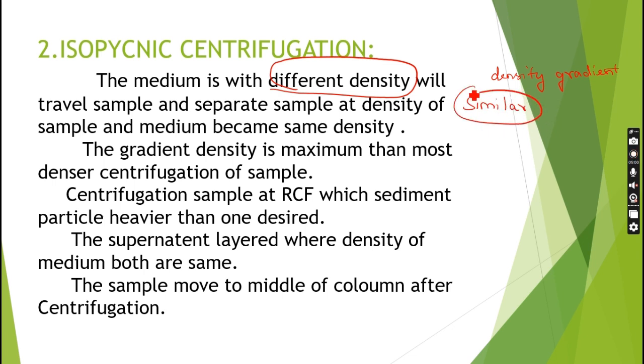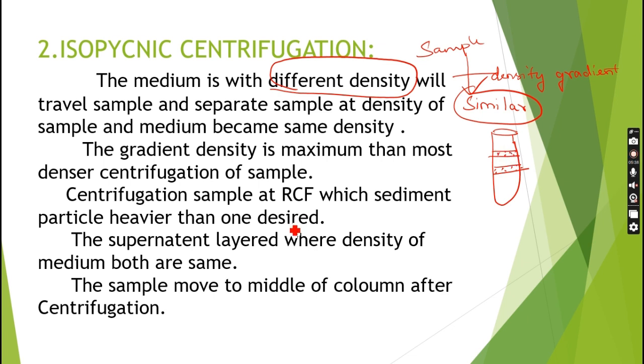It's going to be similar to the sample density. Due to the similar density of gradient and sample, the sample is going to be separated at the gradient itself. So, if the gradient is here, the sample is also separated in the gradient of similar density. Likewise, different samples are going to be separated based on the similarity of their density to the gradient.